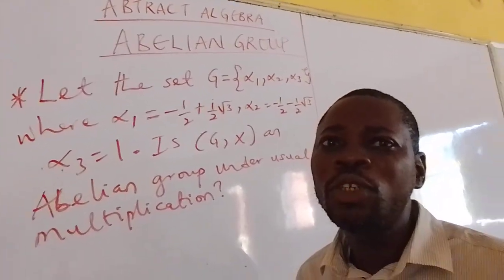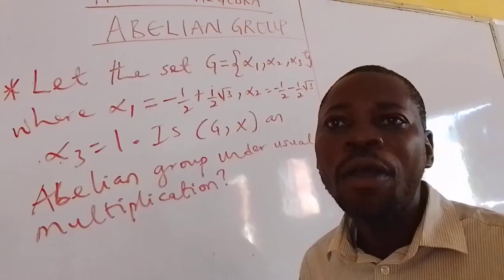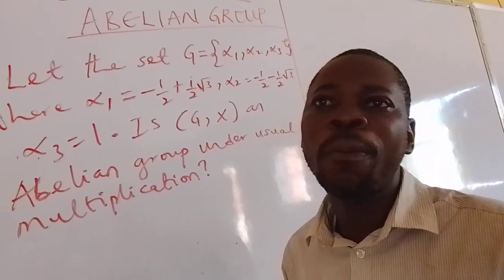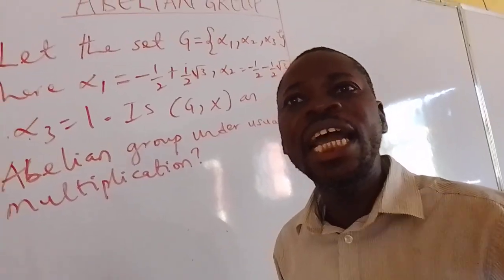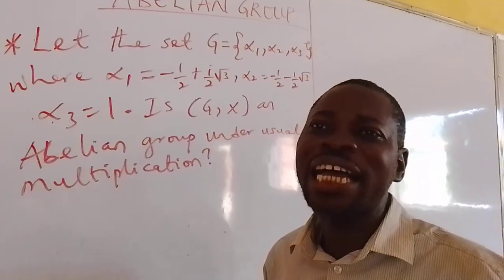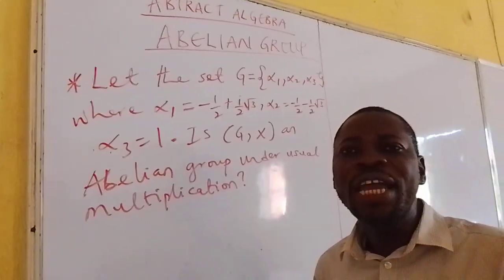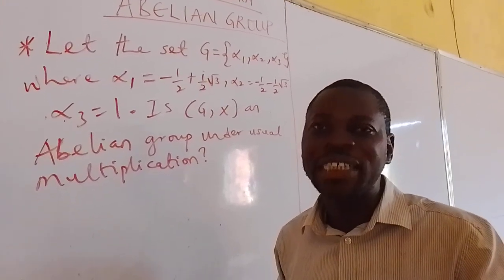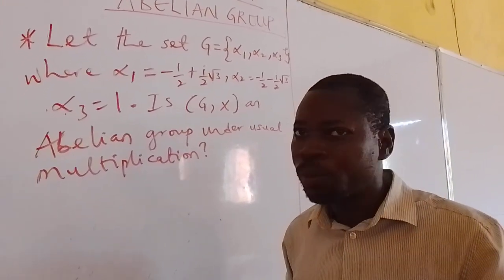Now, how do we know that it's a group? If we add the property of inverse to the property of monoid, we can now say a group is a monoid that has an inverse. So if the property of inverse is satisfied, then it's called a group.